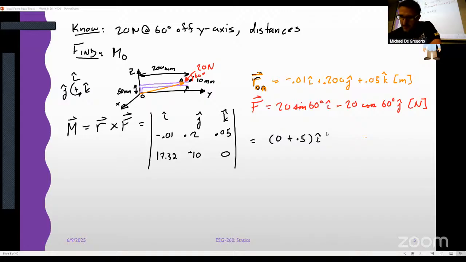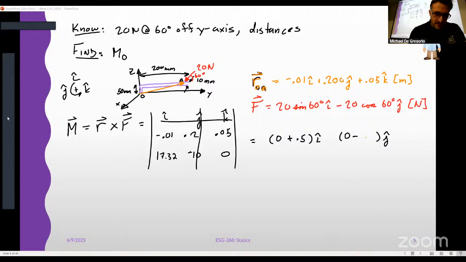All right, J. Now we'll do the J version. I'm going to leave the sign off for a second. In the J direction, I cross those out. I get 0 minus 0.05 times 17.32. That one I'm going to need some space because I got to write that out.